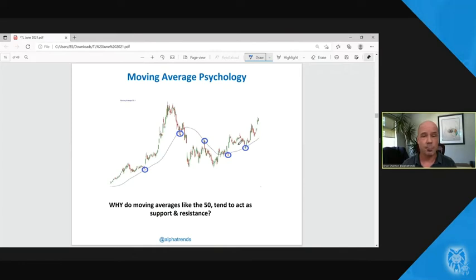If we were really being intellectual and correct about the way the market works, we would actually use a 63-day moving average, because there's 252 days a year in trading in the market. If we divide that by 4, that's 63. Why would we want to divide it by 4?